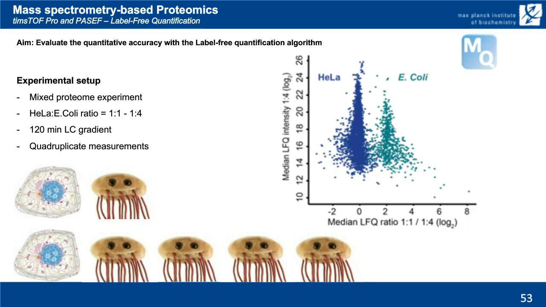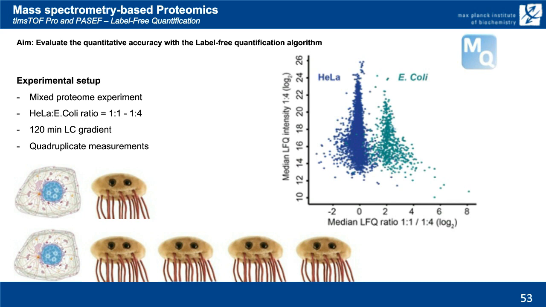In the next experiment, we wanted to evaluate the quantitative accuracy of the label-free quantification algorithm on the timsTOF Pro data, and here we performed a mixed proteome experiment where we mixed HeLa and E. coli in ratios of 1:1 and 1:4, and measured these samples again in 120 minutes and in quadruplicates. After median subtraction, you can get these nice quantification plots.